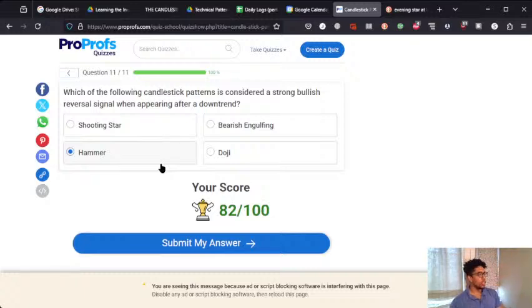And I think for hammers, what if it's a hammer, the wick is going down. Sellers want the price to go down, I think, or sellers drive the price down.